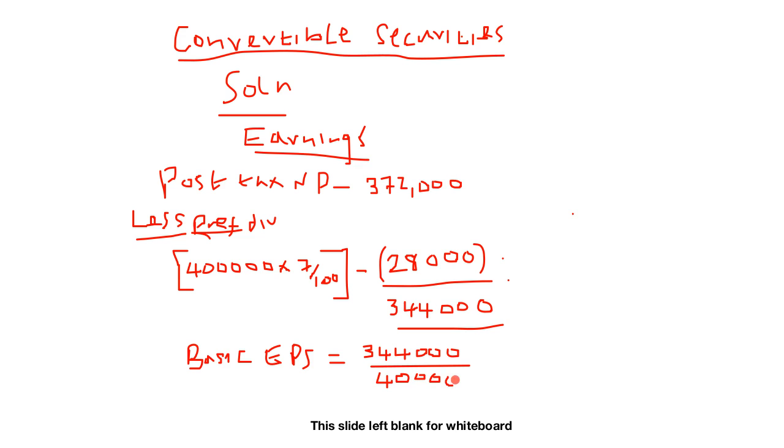So can we get the quotient if we divide 344 by 4 million? What will be our earnings per share?